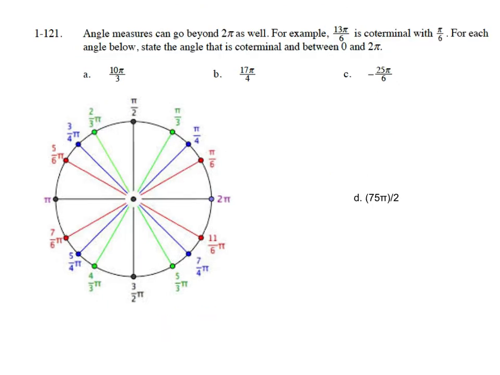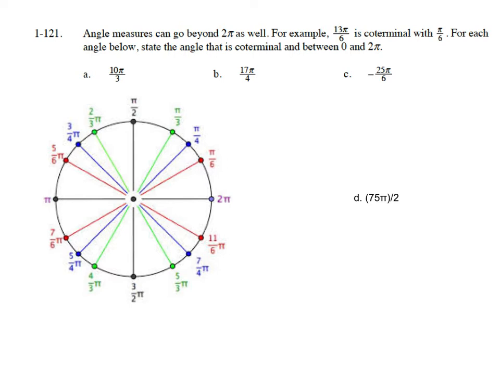Coterminal angles don't just apply to one being negative and the other being positive. It applies to any two angles that end up at the same position on the unit circle. So let's take a look at what if we go more than one revolution around a circle? What if I want to go 10 pi over 3 units around the circle?